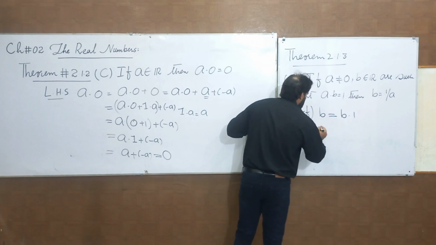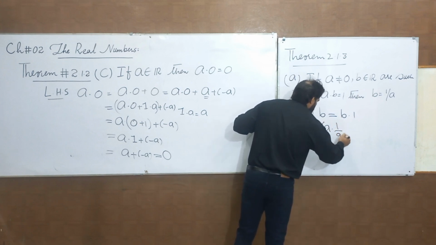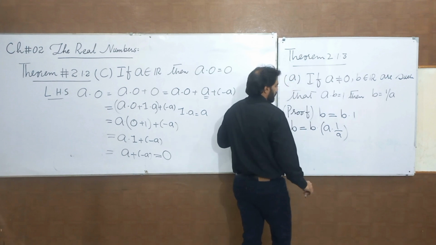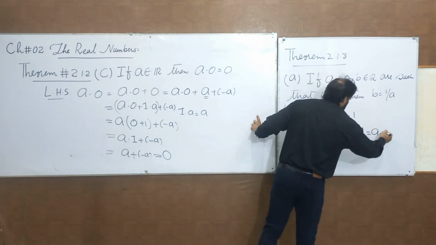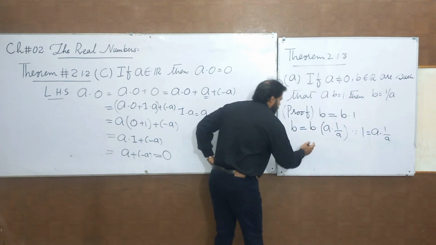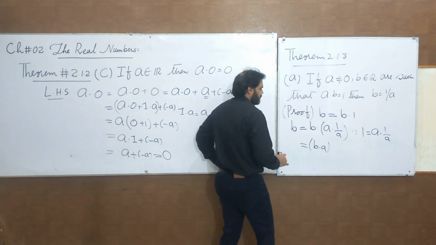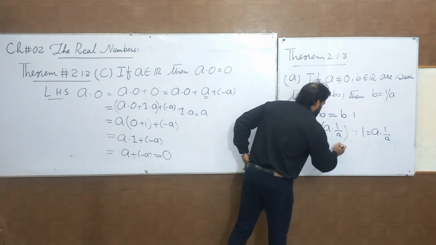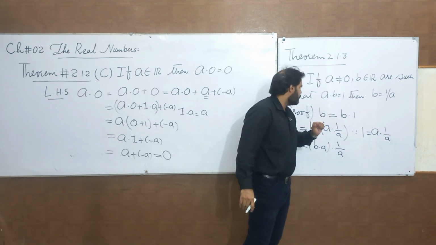This 1 can be written as a into 1 over a, because 1 is a into 1 over a. By using the associative property here, we can combine these two numbers, b into a, as it is given that a into b is equal to 1.